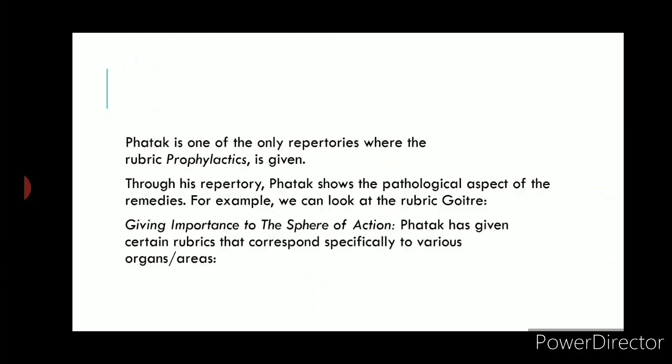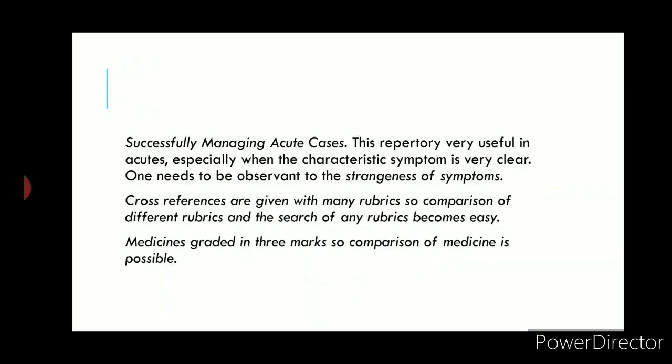Prophylactic rubric we had seen, it is given with wonderful sub-rubrics you can use whenever you want. Also you are going to see the sphere of action, meaning rubrics of location, so you can use that also. Successfully you can manage the acute cases because we have a wonderful list of rubrics and all are verified clinically.